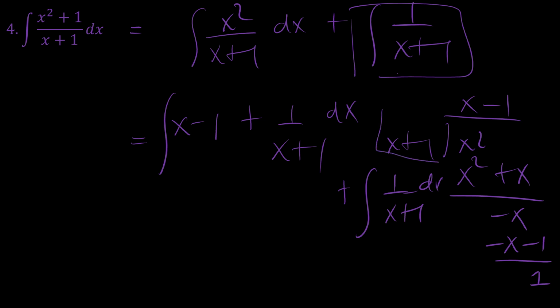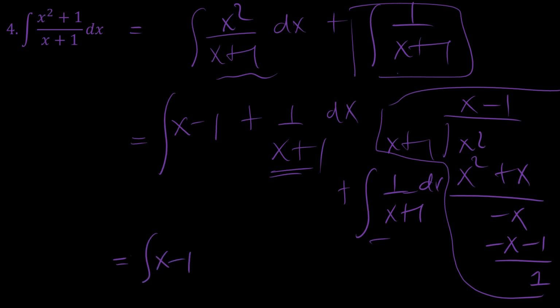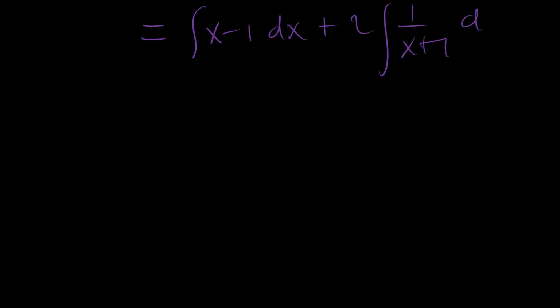So this here is us trying to resolve this part. We can add this to this so that we now have the integral of x minus 1 dx plus twice the integral of 1 over x plus 1 dx.